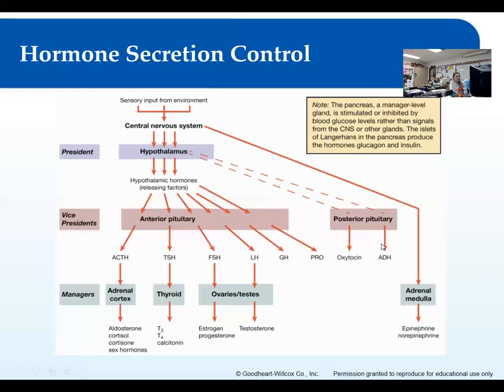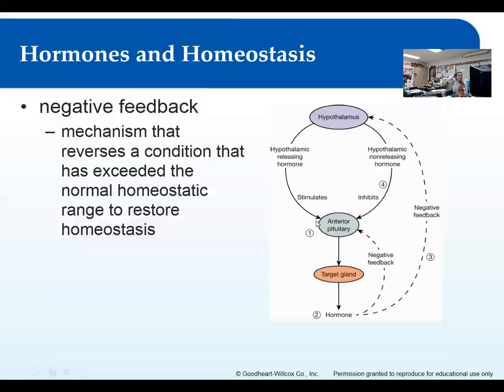Now, typically hormones work by negative feedback mechanisms, and we talked about these at the very beginning of the year. It's the same idea as a thermostat: when we have too much, it kicks off, and when we don't have enough, it kicks on. If you look in your book, it says this is a negative feedback loop.